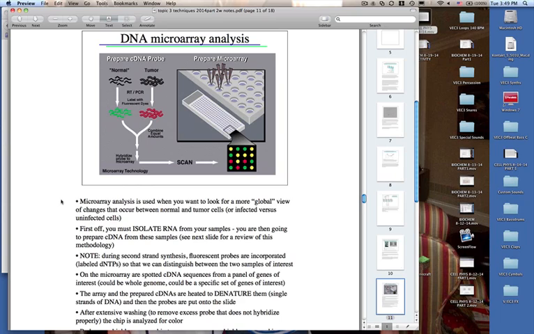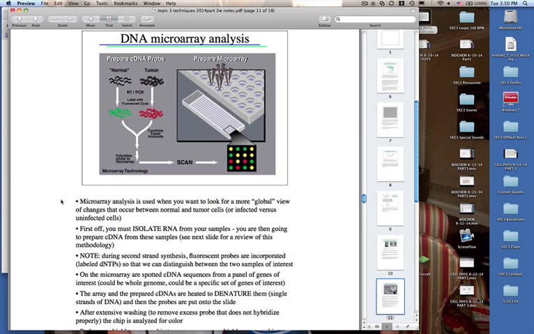So cDNAs for each of our genes are on here. Now we've got multiple samples from each gene on this array. Because, right, we're not going to put the whole cDNA on there. We're going to put fragments of it. And we're going to want to have multiple copies of each gene.